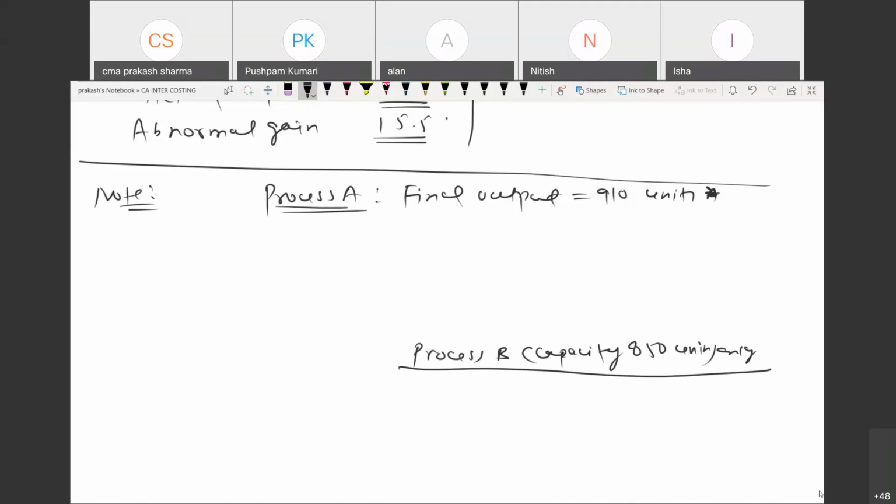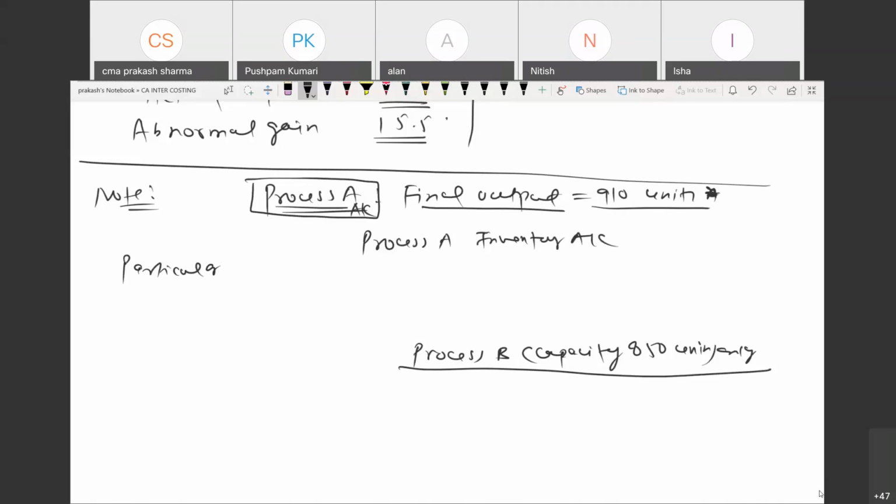So what we would actually do, we do not directly transfer our output of process A to the next process immediately. In that case, after preparing the process A account, we then make the process A inventory account.